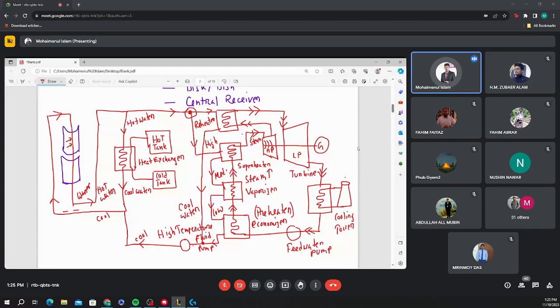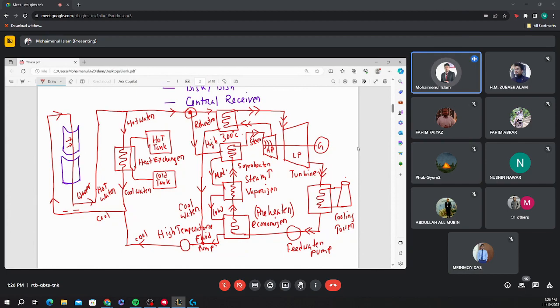That means from that junction, the water is coming at a very high temperature, maybe 300 degrees, suppose, and it rejects heat in the superheater to make the steam free of water content. So after superheating, it exchanges heat and then comes to the vaporizer.